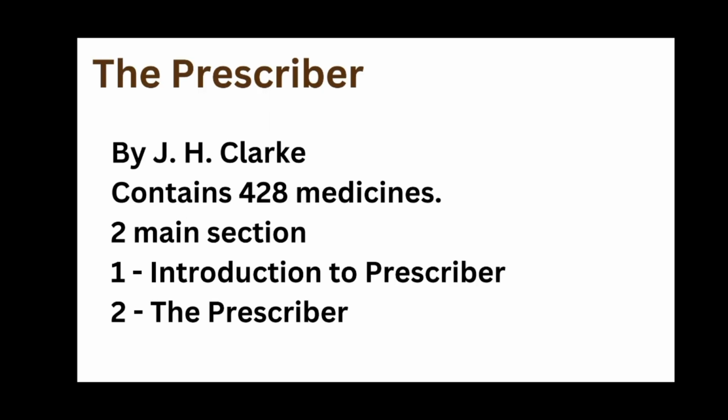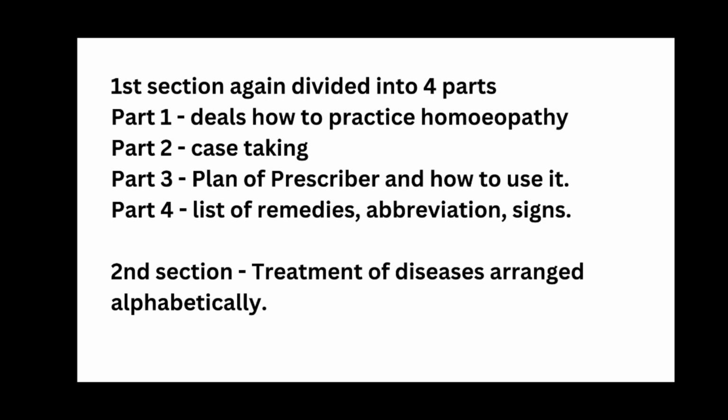Next is the prescriber. It is also written by Dr. J.H. Clark. It contains total 428 medicines. There are two main sections in the prescriber. In first section, there is an introduction to prescriber. In second, the prescriber. So the first section is again divided into 4 parts.